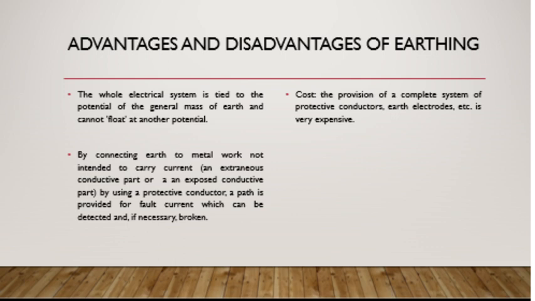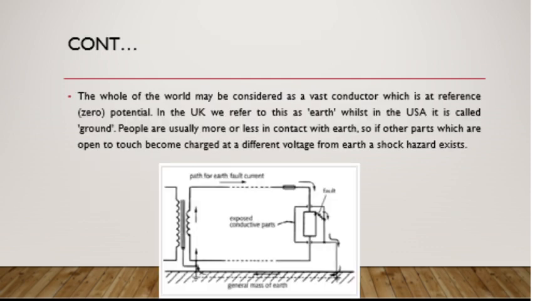Going back to that diagram, you can see that this wire, which is connected with the surface of that particular conductive part, will not take current in the healthy position. It will take current only when fault current comes, because at the time of fault current that path is treated as having very minimum resistance.